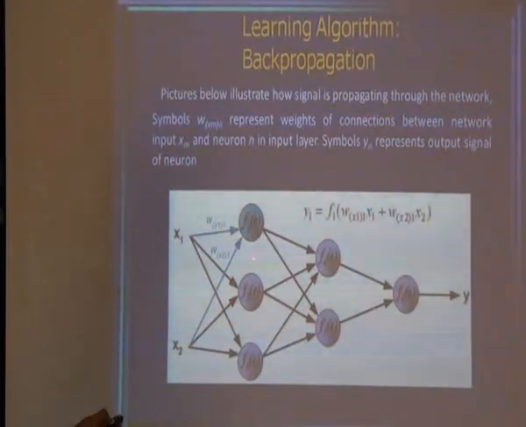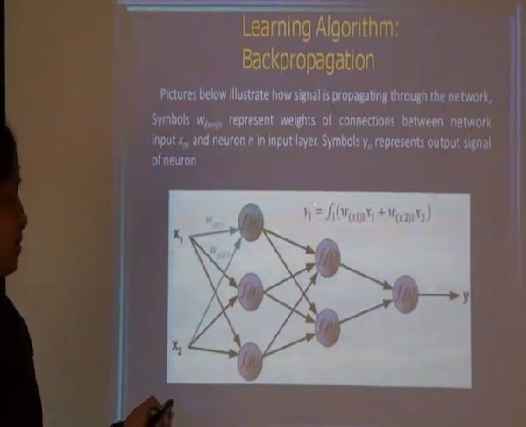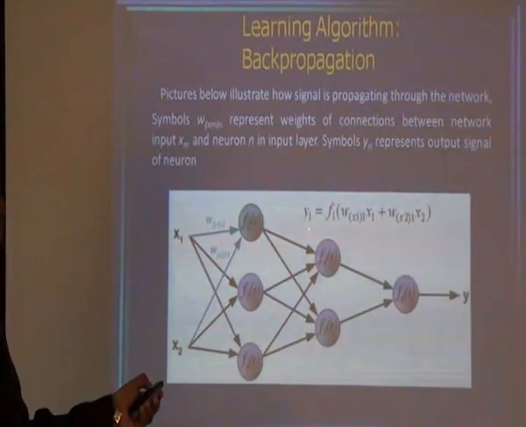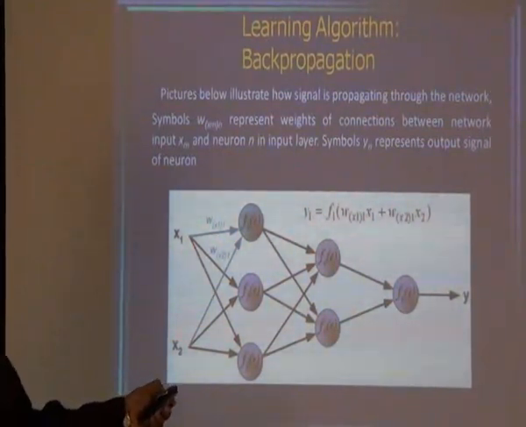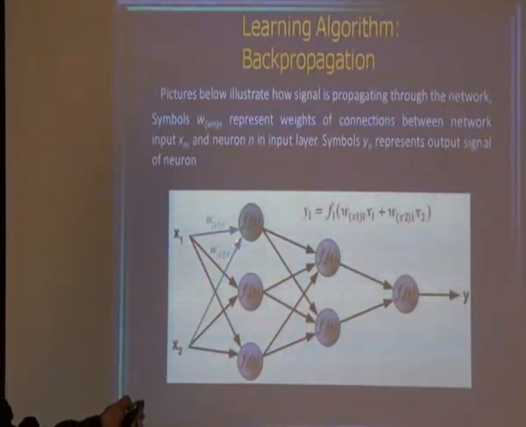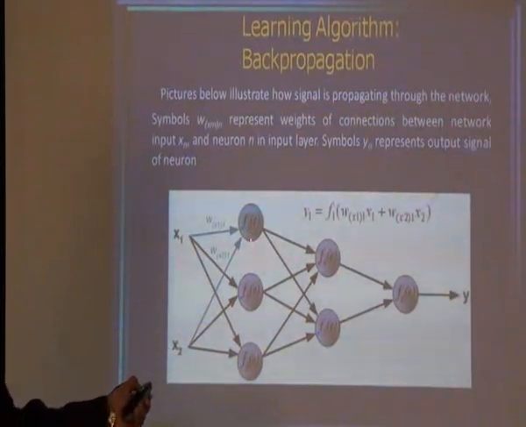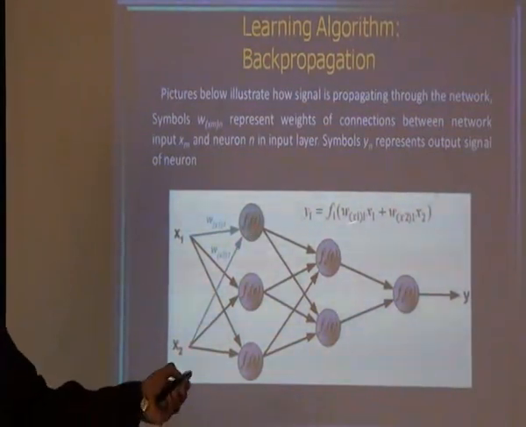Let us see what could be the output of the f1 neuron, y1. y1 equals f1 of w11 into x1, plus, since this neuron gets input from the two variables x1 and x2, w21 into x2. This is the output of neuron f1. The same way for f2, in this blue color, y2 equals f2 of w12 into x1 plus w22 into x2.